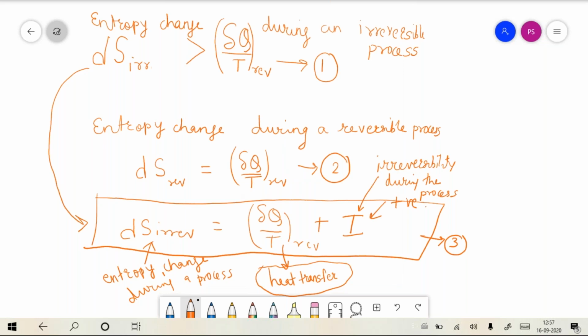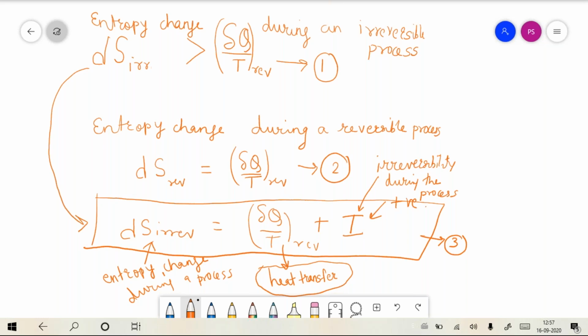So if you look at expression 1, the change in entropy for an irreversible process is greater than del Q by T reversible. So the difference in expression 1 and 2 has to be because of the irreversibility, right? Why is expression 1 greater than expression 2?